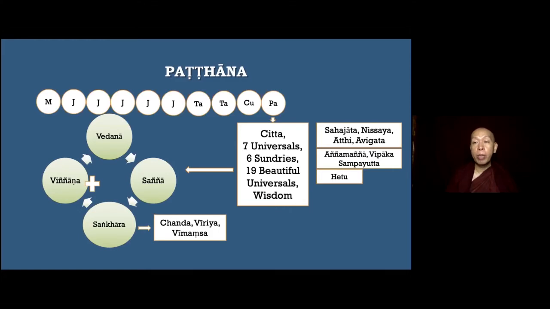We can complete many of our responsibilities. Then chanda, desire, strong desire or supreme desire. When we have very strong and supreme desire, very strong willingness, we can do many different things. We can also be successful.